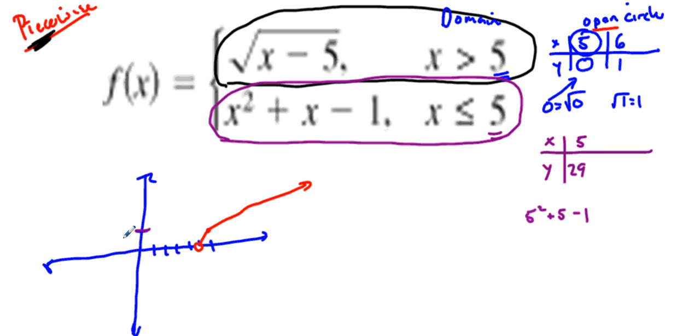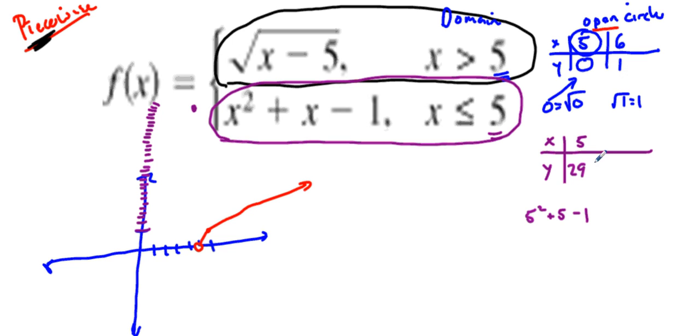Okay, so I'll count up on the y-axis: 1, 2, 3, 4, 5, and so on up to 29. So there we have it, 29. It's going to be a closed circle at (5, 29).